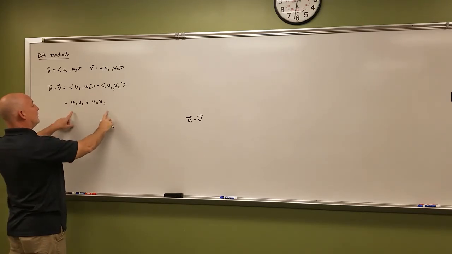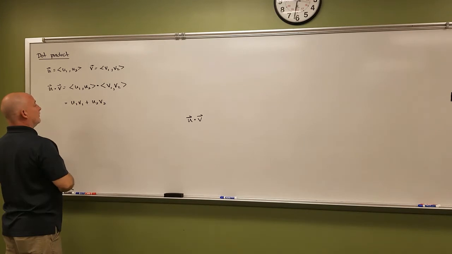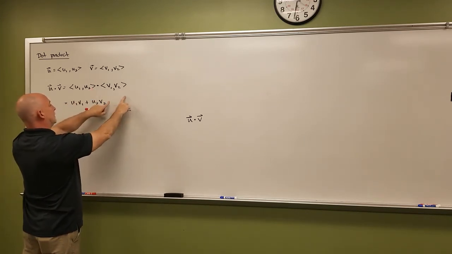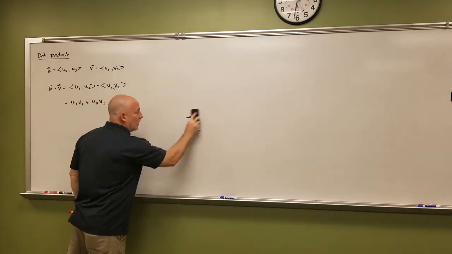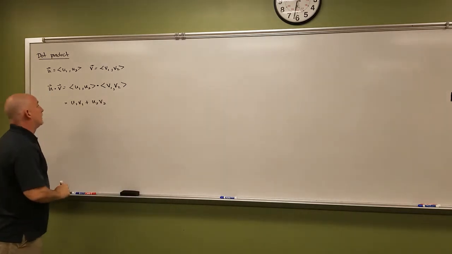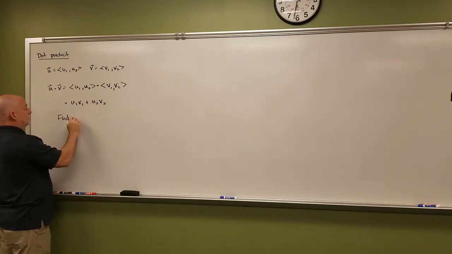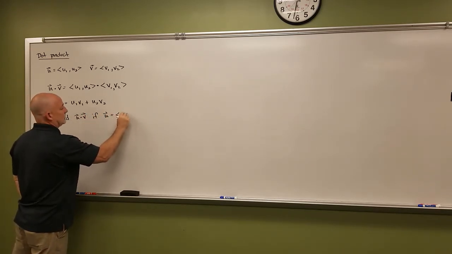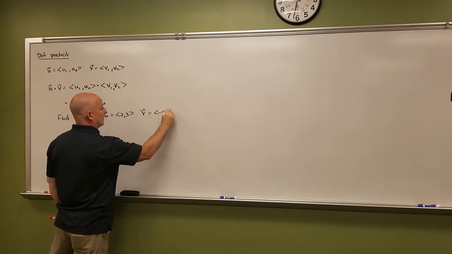Now again, very, very simple rule. Just multiply the components together and add them all up. So if this was a three-dimensional vector, we'd have u3 times v3, or u4 times v4, and so on and so forth. You just keep going however big the vectors get. So let's say I just said find u dot v if u is the vector (2, 3) and v is the vector (-5, 7).